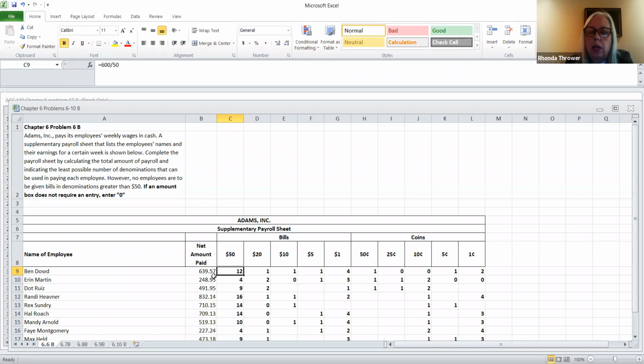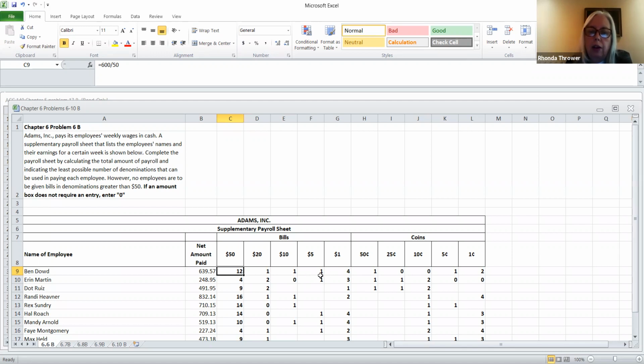Now we're looking to pay him $639.57. So we've already accounted for $620. We're going to have to pay him a $10 bill to bring it up to $630. And then we need to figure out the number of bills we would need to pay him $9.57.